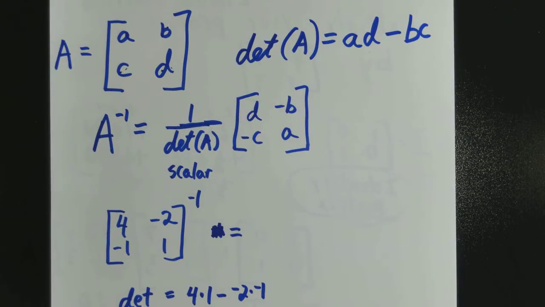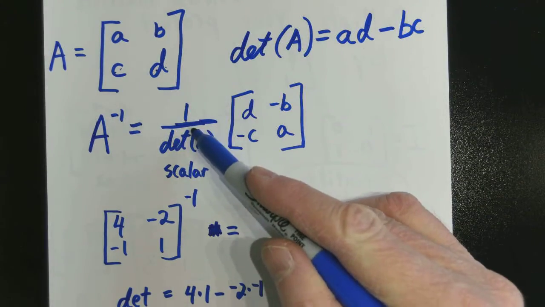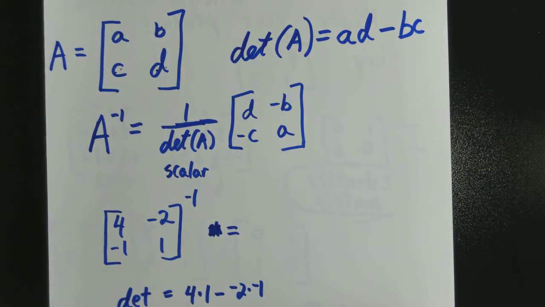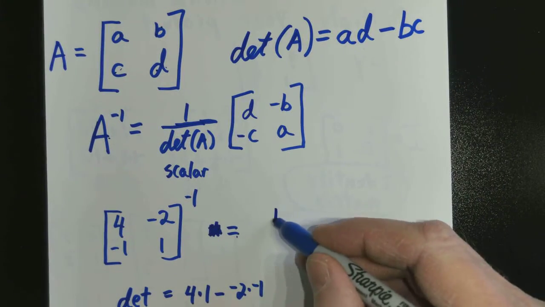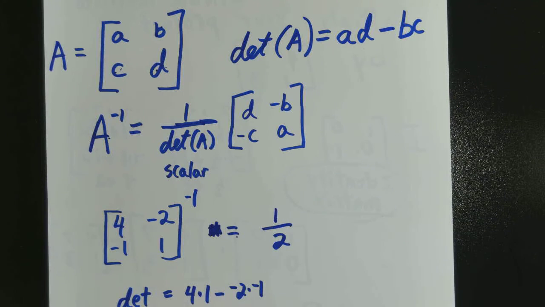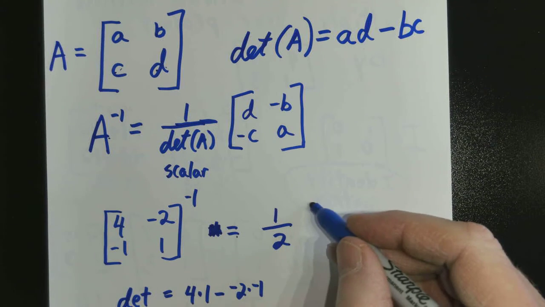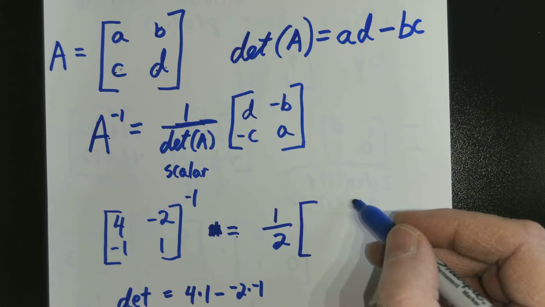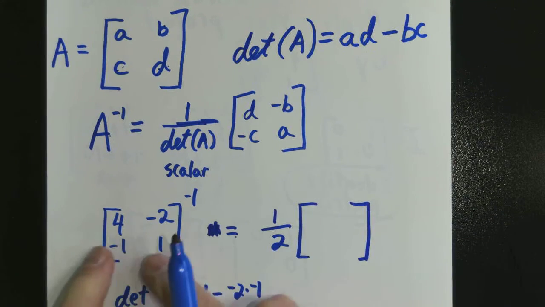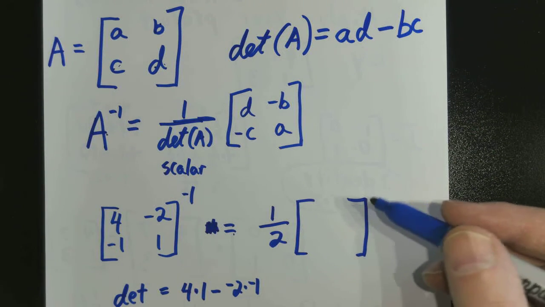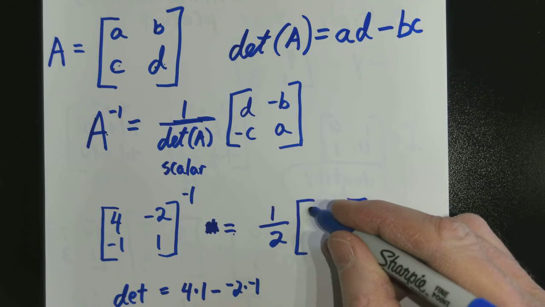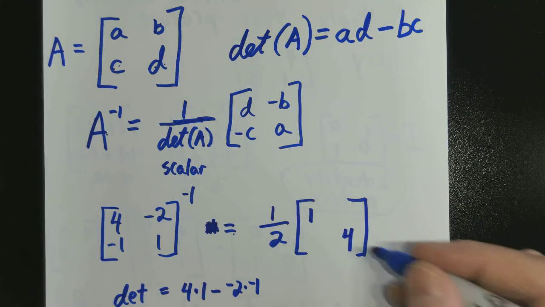Now, when I go to find the inverse of this matrix, I put 1 over 2, 1 over the determinant. And what do I do with the numbers inside the matrix? Go ahead, Isabel. So put the 1 here and the 4 here.